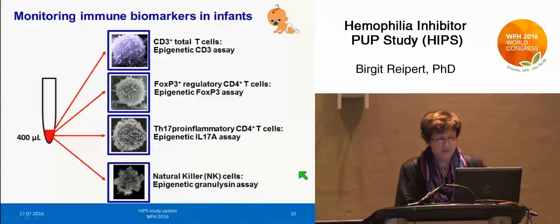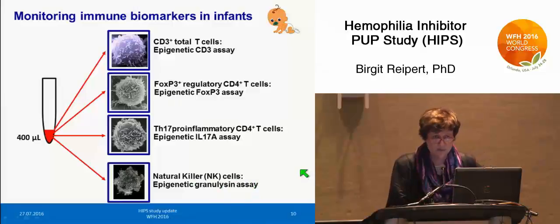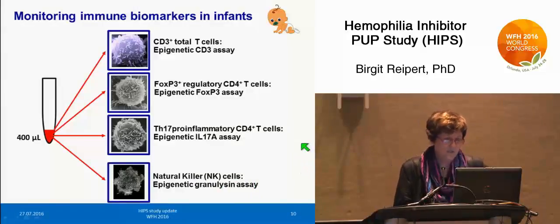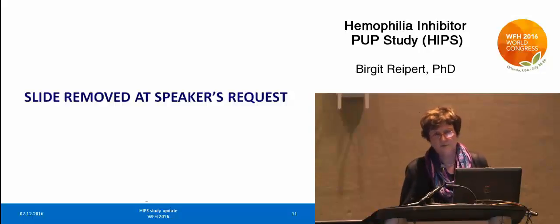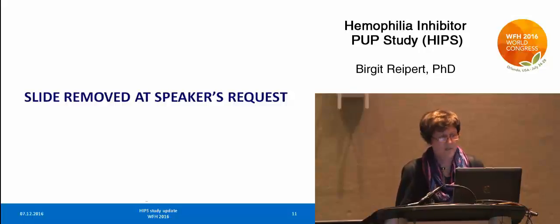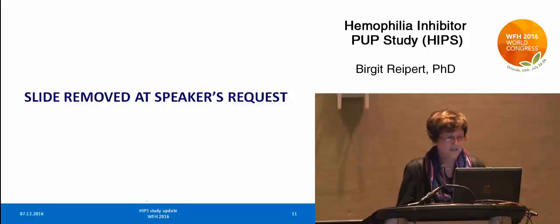For these types of assays, we worked with a company called Epiontis in Berlin, that is specialized for setting up these specific epigenetic assays. And in order to somehow validate these assays, we could not use samples, blood from healthy infants because it's not possible to access them, but we used healthy adults.